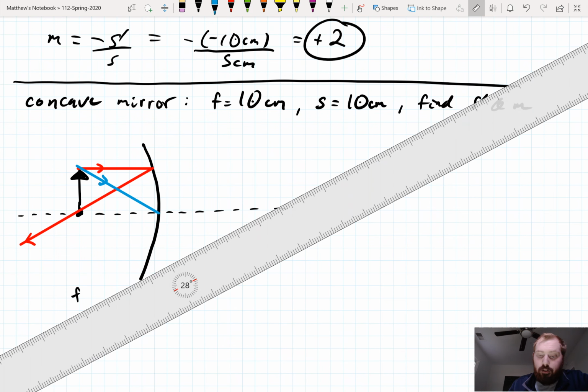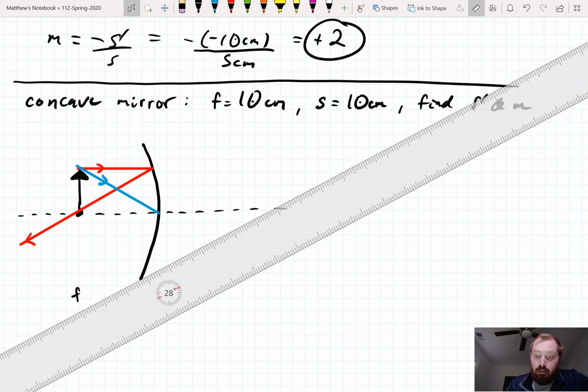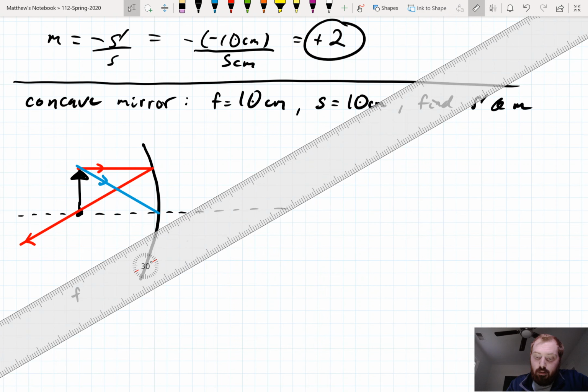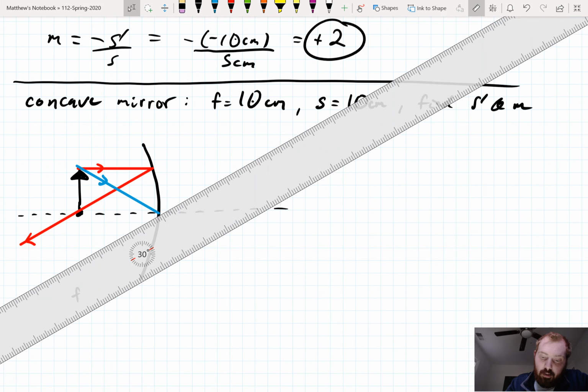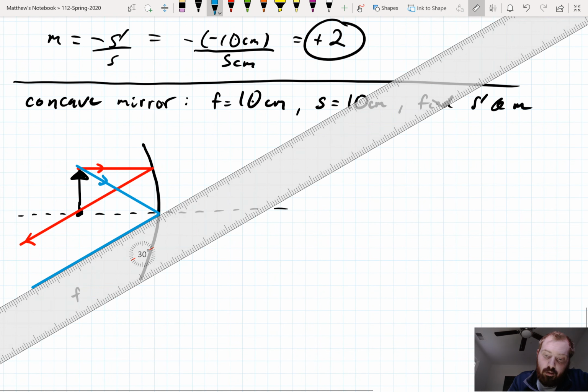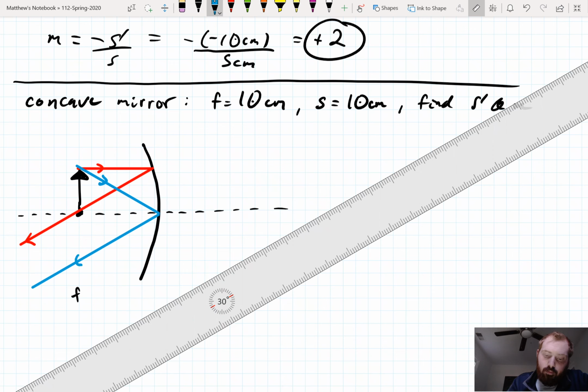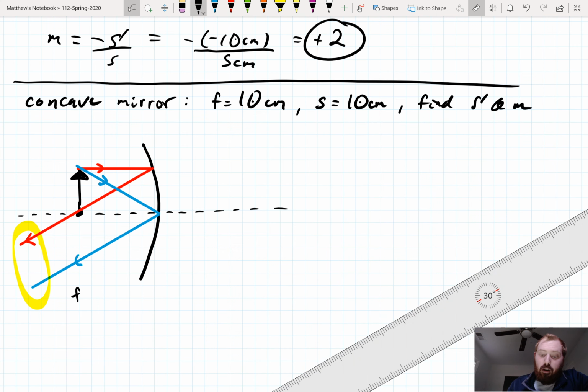And if it hits the vertex, it reflects at the same angle as the incident angle. So here's a nice 30 degrees. Boom. All right. Look at this. Same conclusion as before.